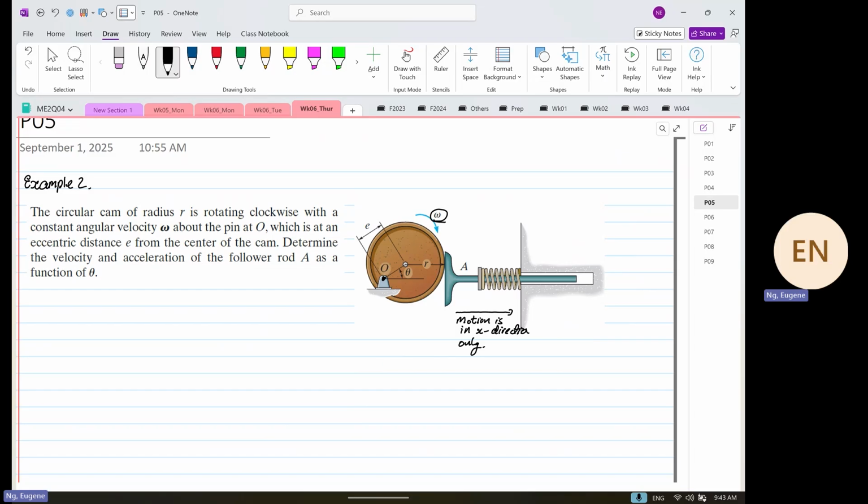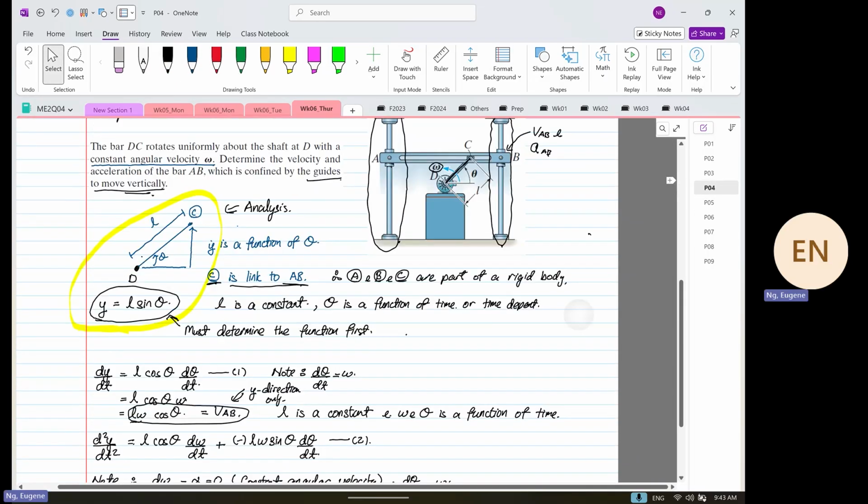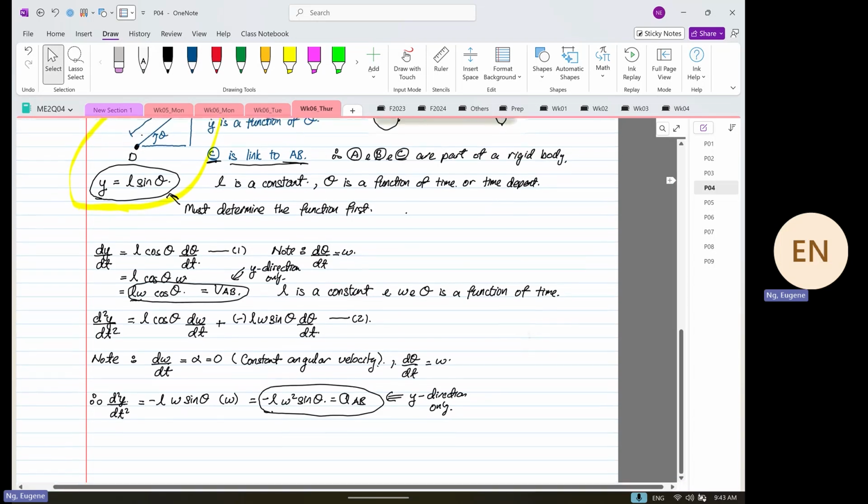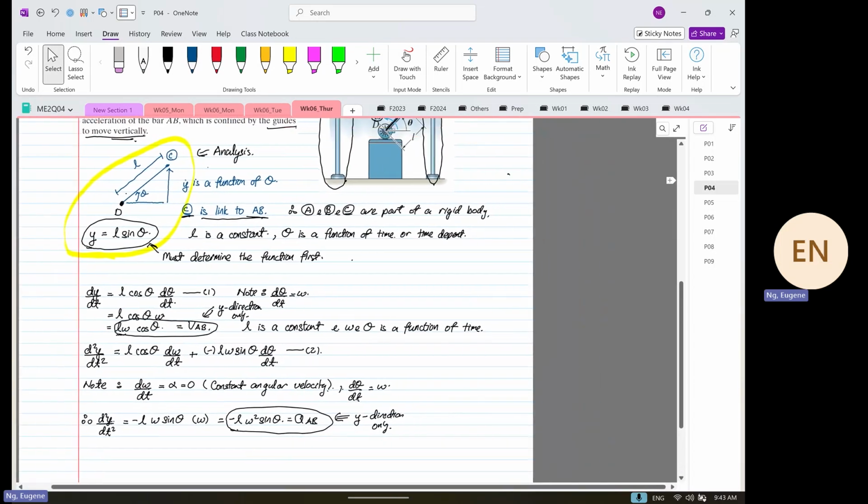Okay. Now, before I go any further, I want to highlight, for this case, the one that we had before, are you all comfortable?